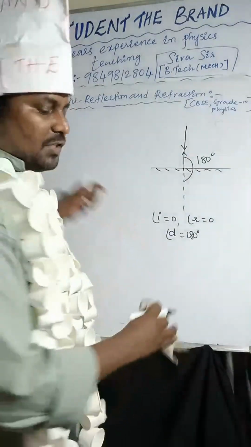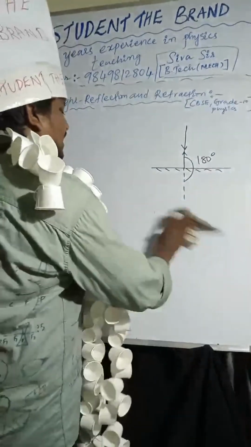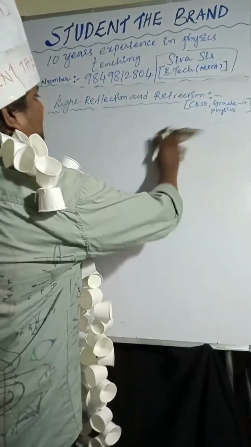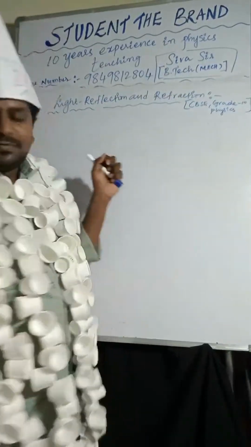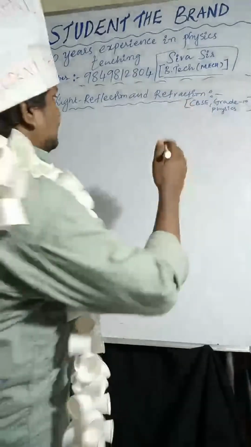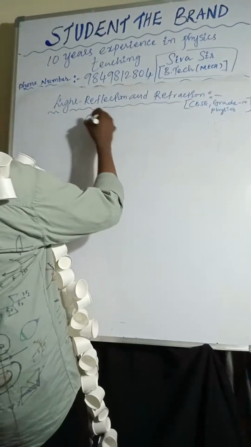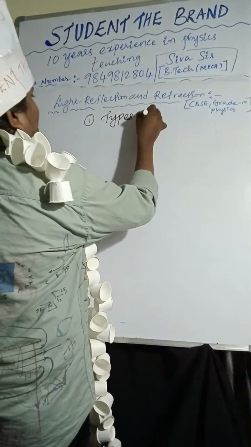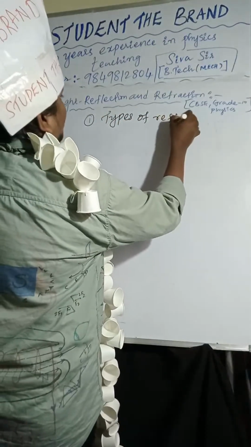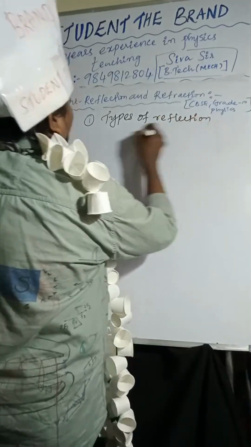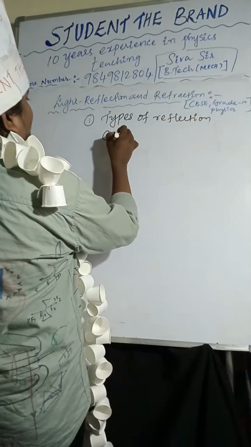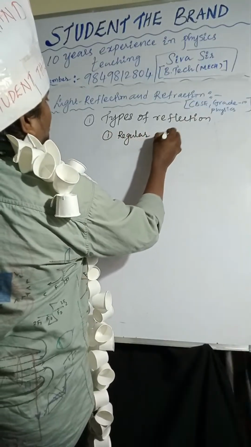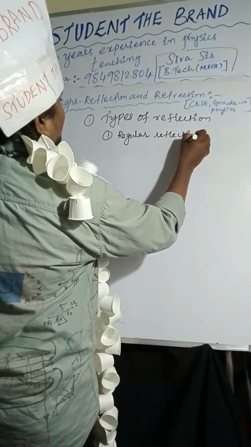Types of reflection. There are two types of reflection. Point number one is regular reflection.